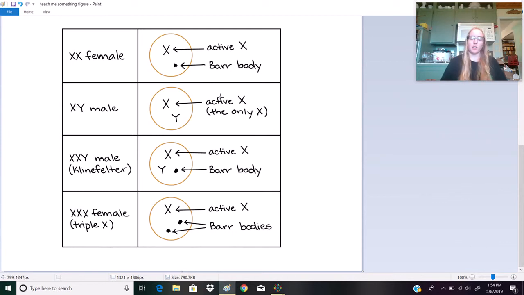It's important to note that not every gene in the bar body X is inactive. Most of them are, but not all of them.